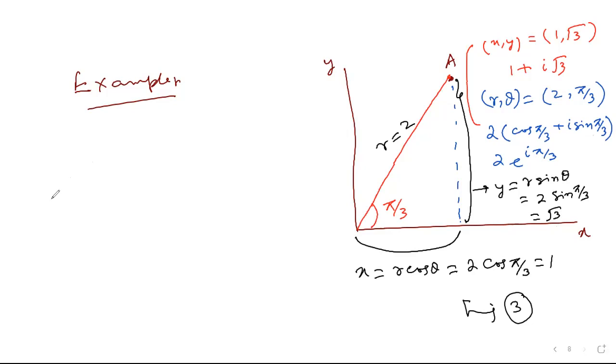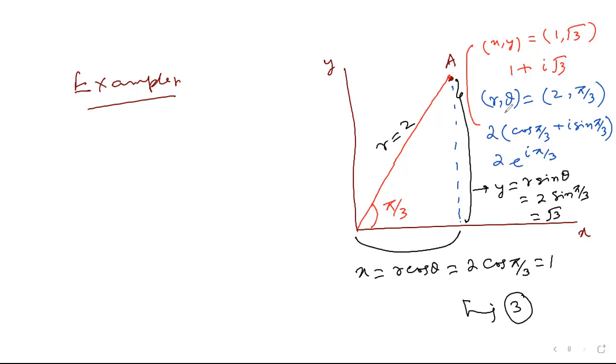Now in this figure 3, we have selected a point A, which is labeled as x comma y, which is 1 comma square root of 3, because the distance of this point from the origin, which is r, is 2 units, and this line is making angle pi by 3 radians with the x-axis as shown.